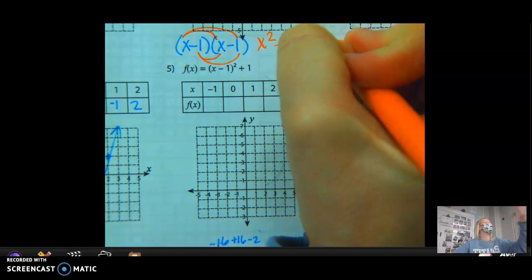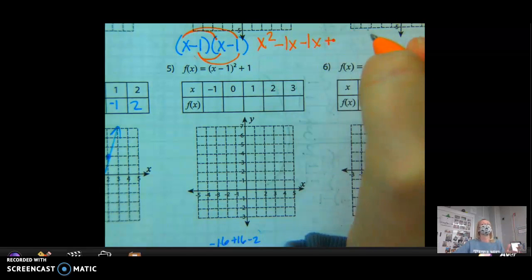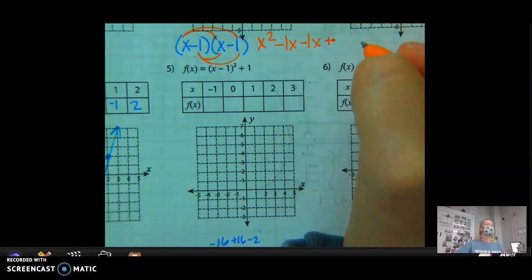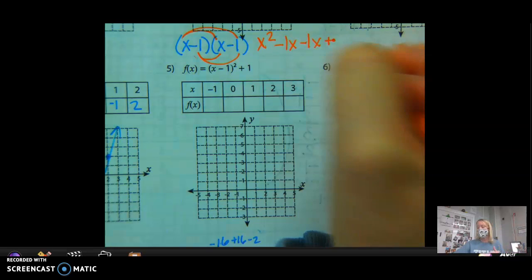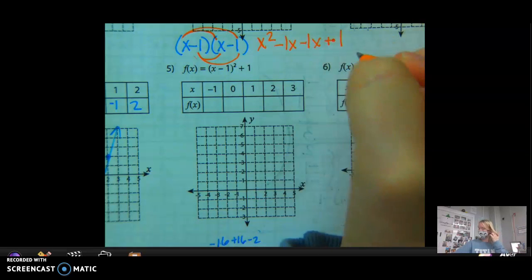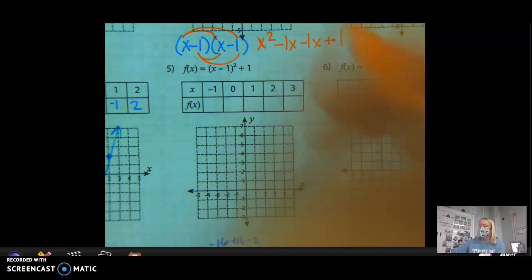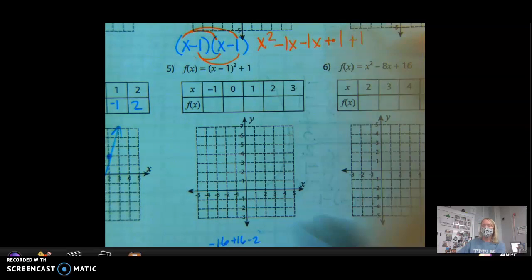Guys, what's -1 times -1? What's 1 times 1? Everyone, what's 1 times 1? What's a negative times a negative? So when I say what's -1 times -1, should I have silence? It's +1, people. And then I have this positive 1 from down here.